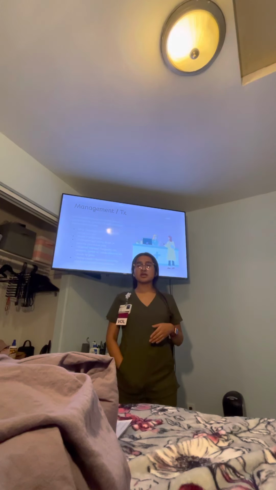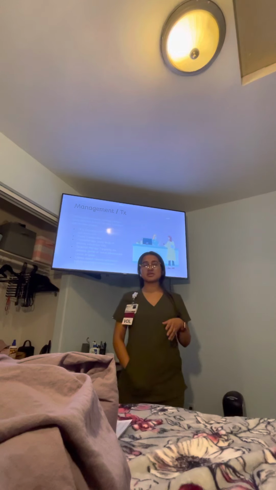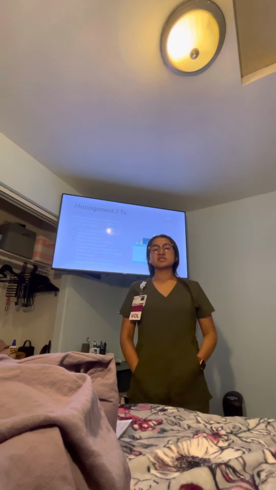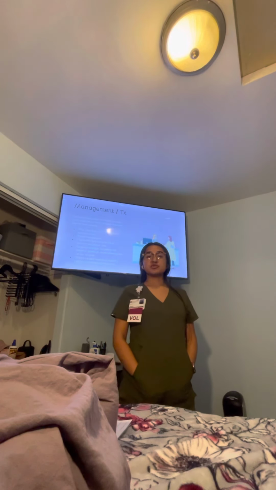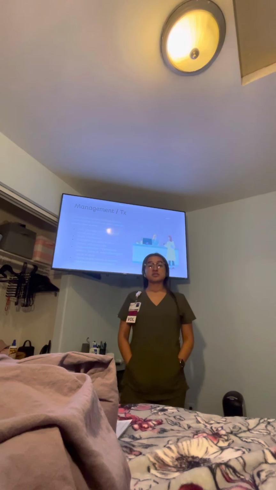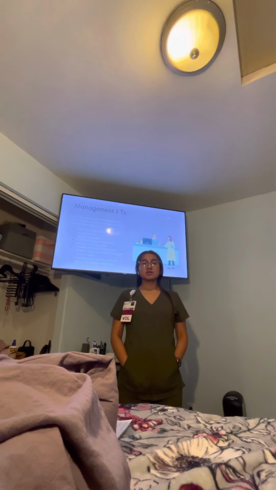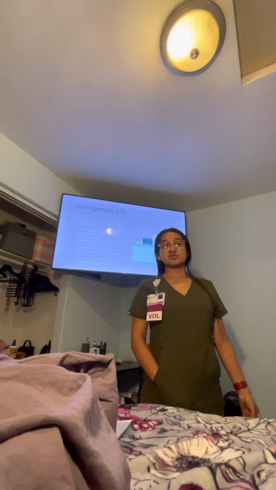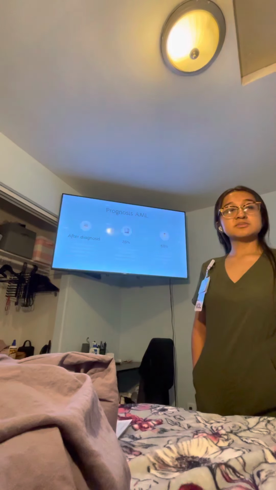And depending on how much they were able to dissect and remove from the patient, that determines their treatment plan, whether they'll need some radiation or chemotherapy. Also, chemo causes the patients to feel nauseated, so they can be prescribed medications for that, such as ondansetron, along with other medications to treat the symptoms.